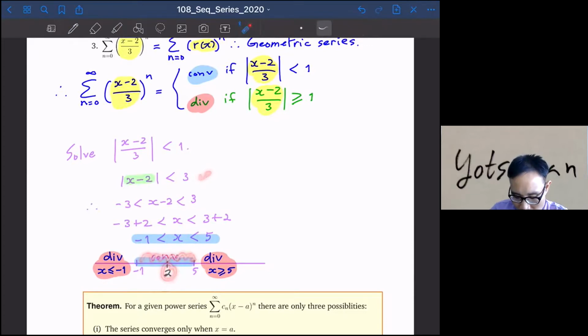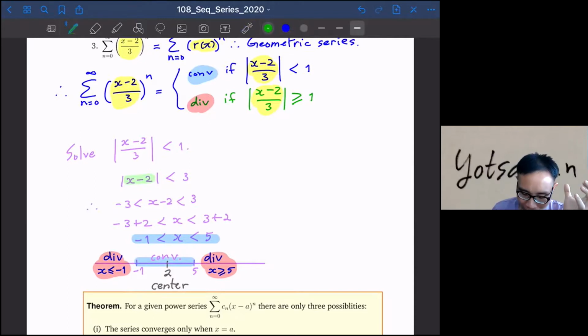When you walk 3 units, it becomes 5, and when you walk 3 units to the other side, it becomes negative 1. That's why we call 2 the center, in the middle of the convergence interval. And when we have a center, normally we're going to have a radius.